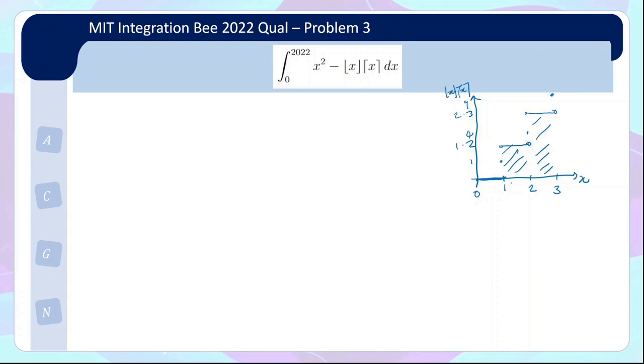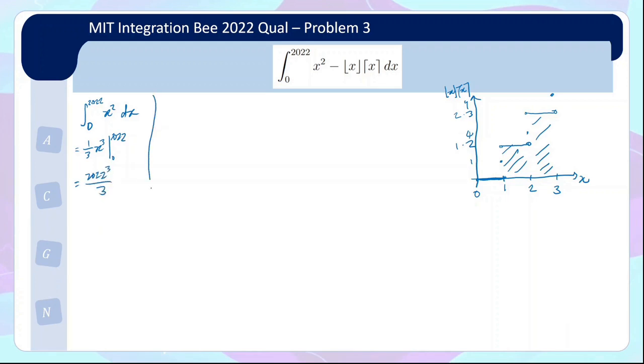So it turns out that you can break this integral into 2. On the one hand, you have the integral from 0 to 2022 of x squared dx, and this is really just 1/3 x cubed evaluated from 0 to 2022, which equals 2022 cubed over 3.